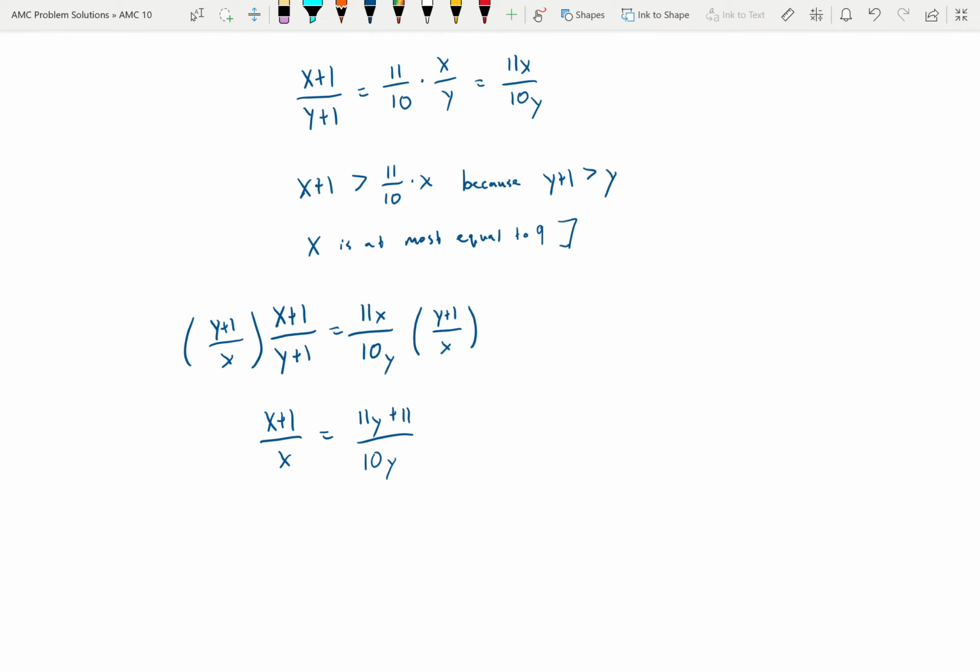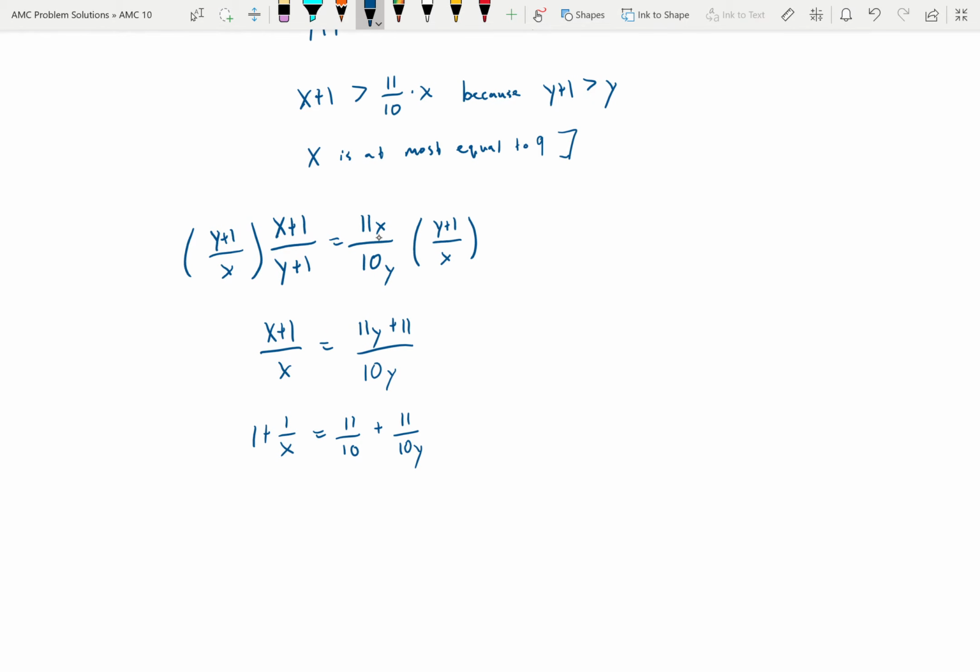Then I'm going to split this up into 1 plus 1 over x equals 11 over 10 plus 11 over 10y. If I multiply both sides by 10, I get 10 plus 10 over x equals 11 plus 11 over y.